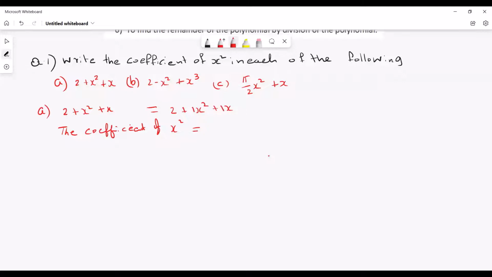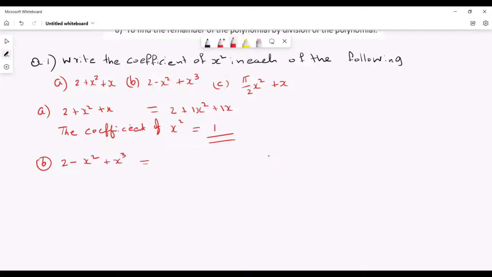Simply writing x square means there is a multiple of 1 also there. So what is the multiple of that particular variable? That is the coefficient of that variable. So here x square is having a multiple of 1, so the coefficient of x square here is 1. Let us consider the next one: 2 minus x square plus x cube.